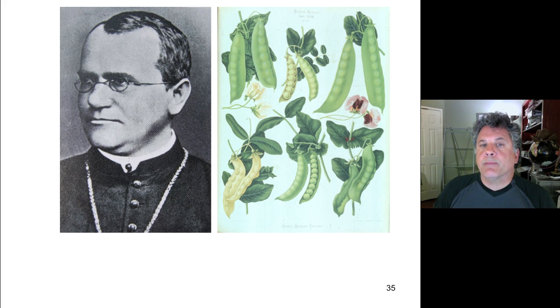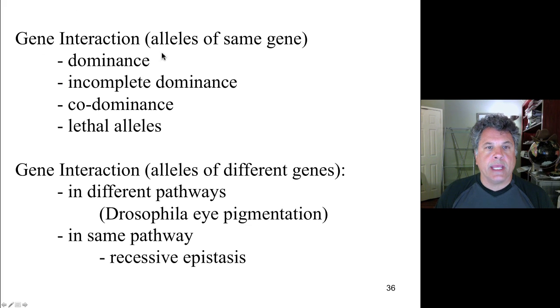So what we'd like to pick up with now are gene interactions that, again, provide apparent but not real exceptions to Mendelian inheritance. And the first thing we're going to look at is gene interaction, and particularly, gene interaction with alleles of the same gene. We've already, of course, covered dominance.